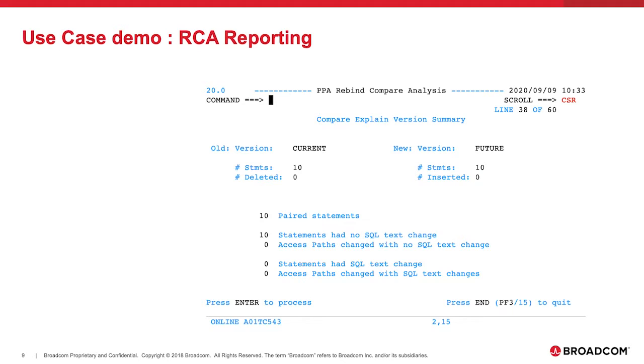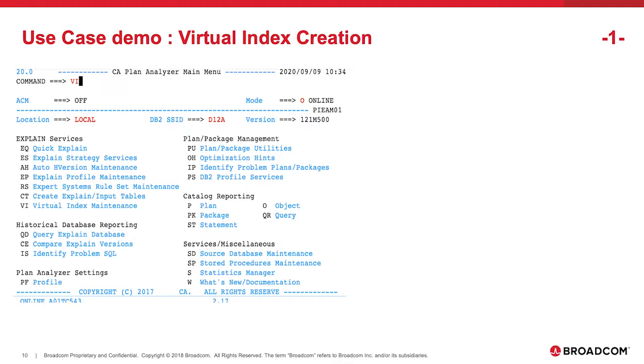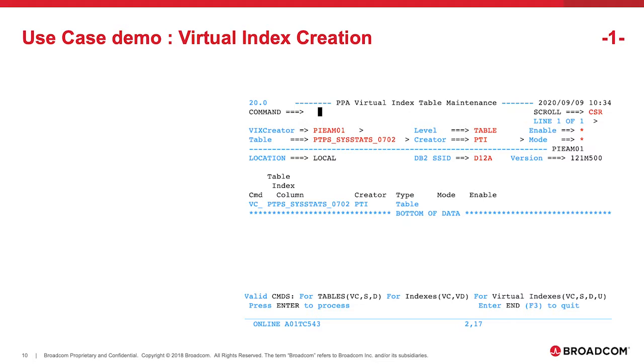Now we come back to the Plan Analyzer main menu and we can select the Virtual Index option, Virtual Index Maintenance. We can select, accessing the DB2 catalog through the Plan Analyzer menu, for instance one table, creator and table name. Next to the table name, I will put VC, the command to create the virtual index, and I access the key select parameter through the second menu.